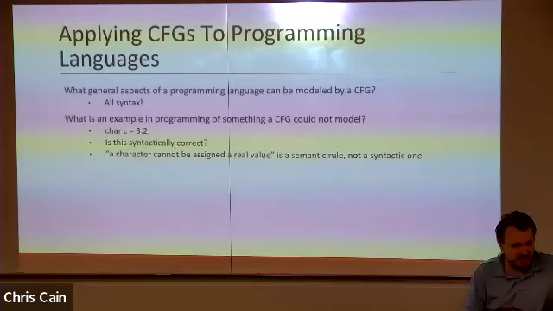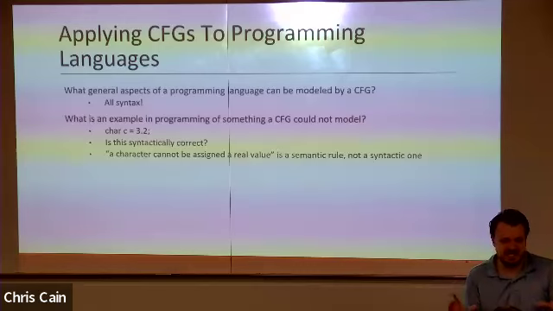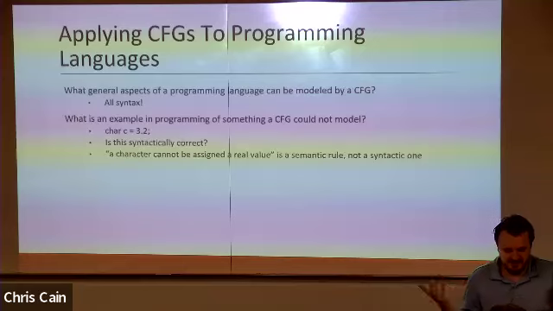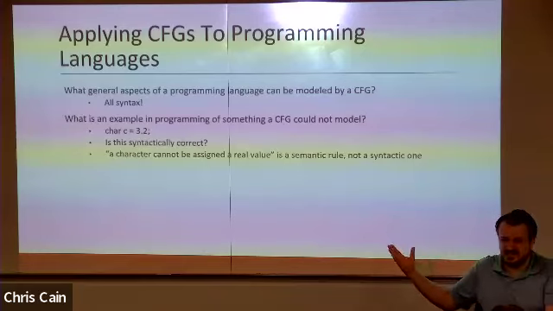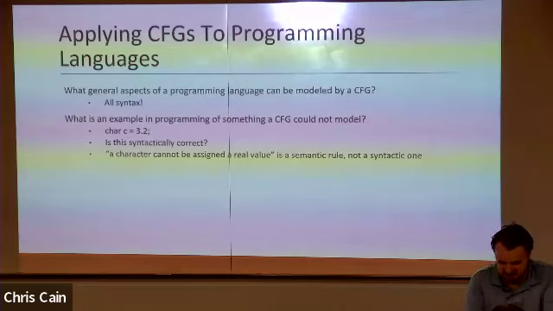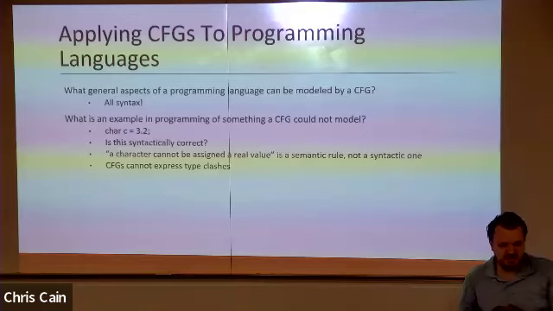You have a variable type, a variable name, an equals, and a value. That's what we care about syntactically. That is a syntax that works. However, the meaning behind this is, I don't know what this means. Whenever you have a question like that, it's a semantic issue, not a syntax issue. So context-free grammars can't express things like typing.